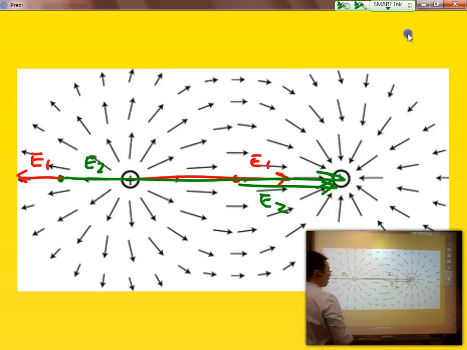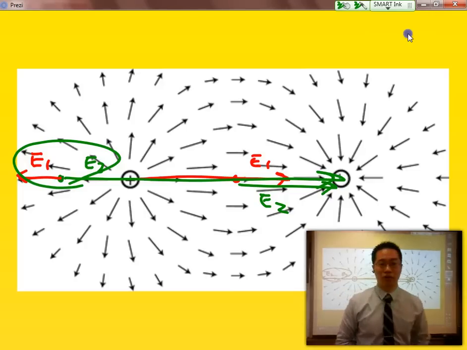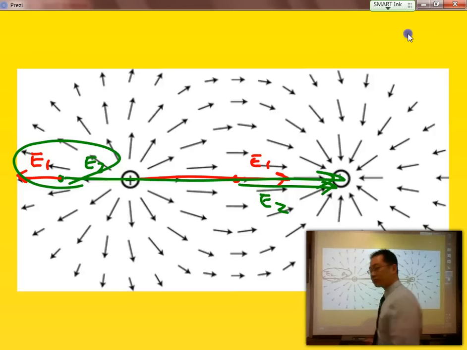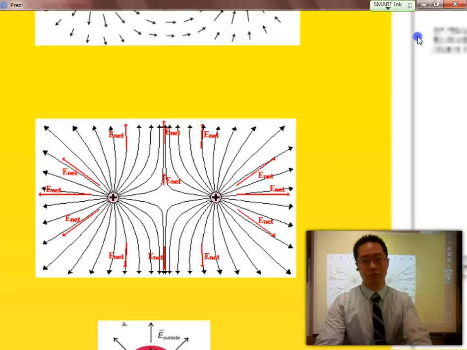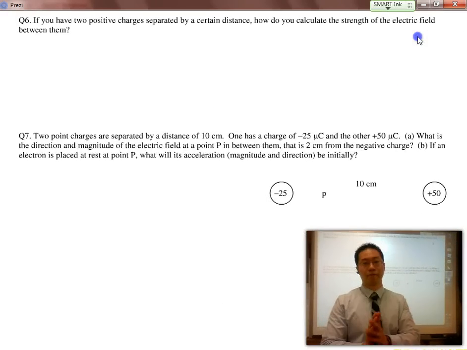But of course, E2 is going to be a lot weaker than E1. So in this case, I would subtract the two E's to solve for the total vector component.